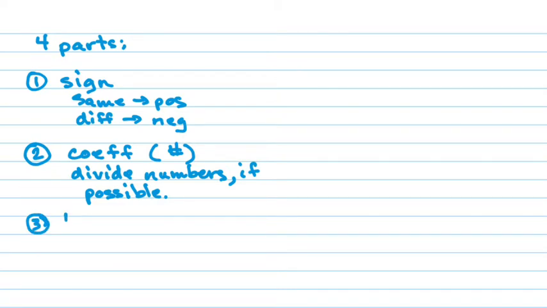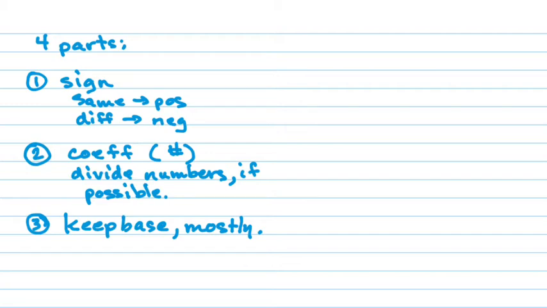The base. And just like with multiplication, you're going to keep the base. Mostly. In other words, most of the times you're going to keep the base, but there will be times when the base disappears. And we'll talk about how that happens in just a moment.